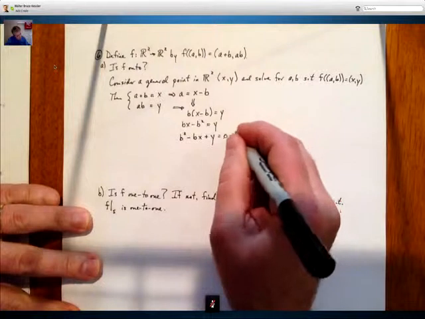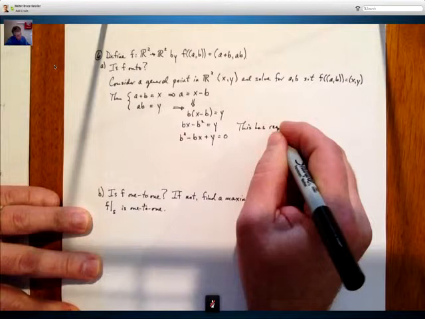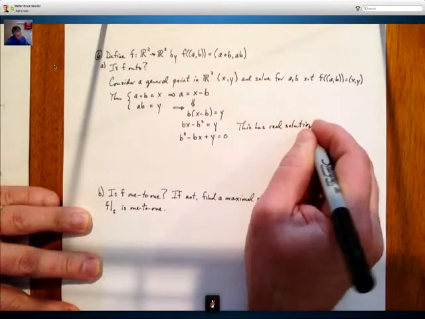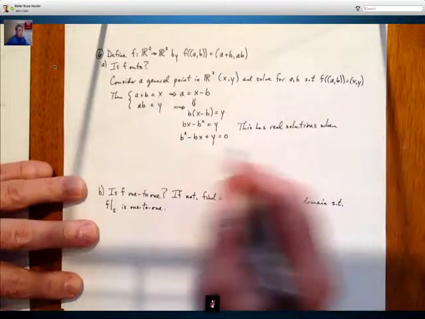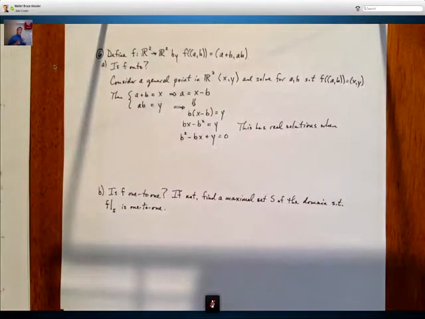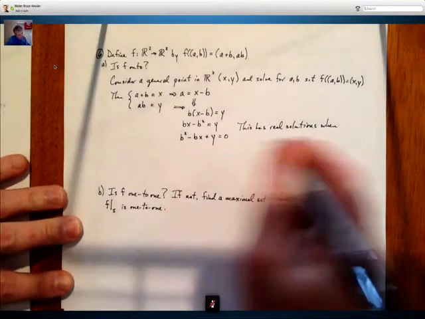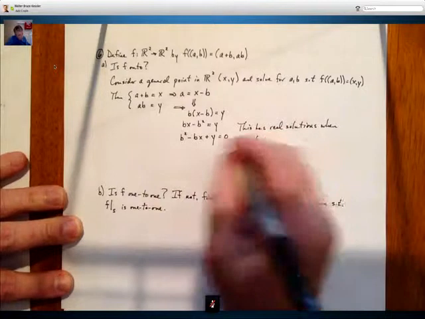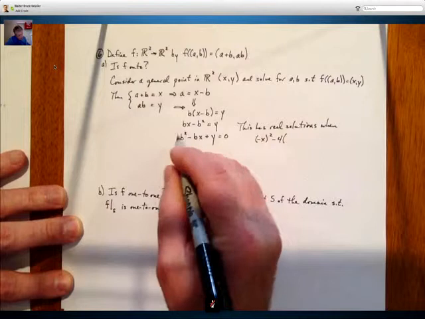This has real solutions when the discriminant, that's what we typically think of, it's ax squared plus bx plus c, then that's b squared minus 4ac. Now in this case, my b term, if you will, is the negative x, so negative x squared minus 4.